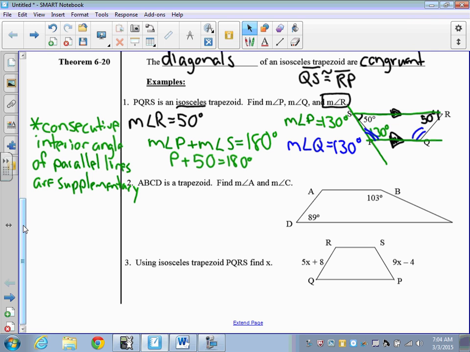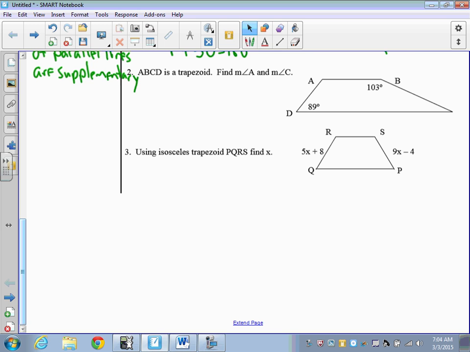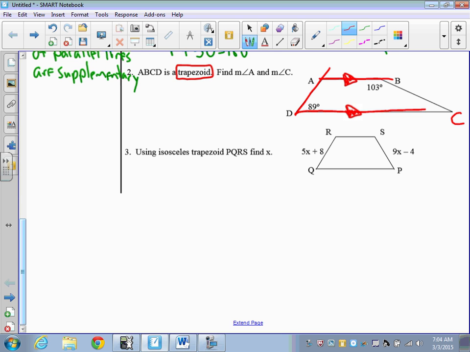Now if we take a look at number 2, number 2 just says it's a trapezoid. It doesn't say anything about isosceles trapezoid. So we're missing the letter C here, got cut off. It says find the measure of angle A and the measure of angle C. Well, again, I just have consecutive interior angles.